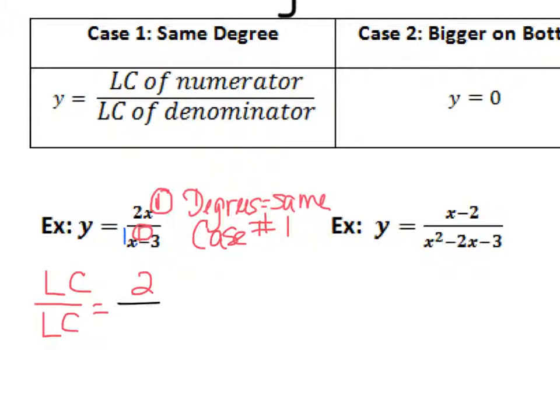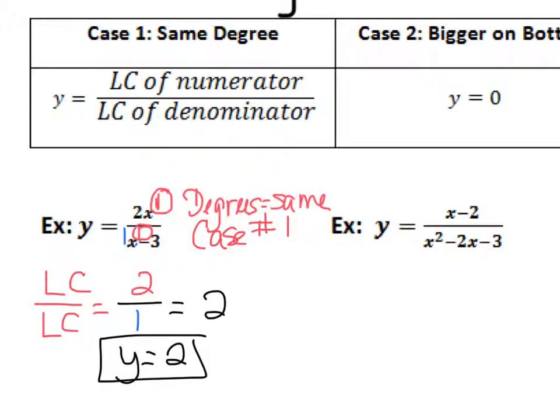So it's 2 over 1, which is 2. So our horizontal asymptote is y equals 2. Now another difference here is horizontal is y equals, vertical is x equals. And think about that. If you graph a y equals line, it's always a horizontal line, goes straight across. And if you graph x equals a number, it's a vertical line. It goes up and down.